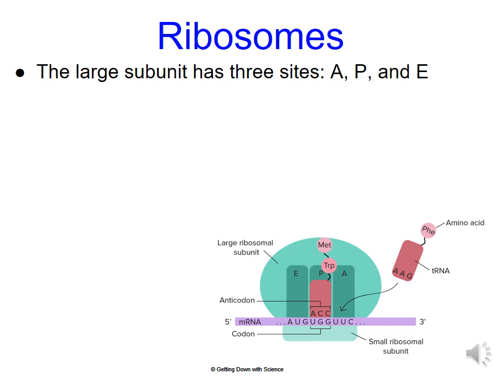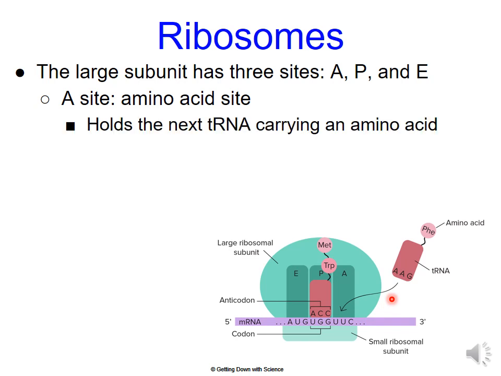The large subunit is going to have 3 specific sites within it. You notice we have an A, we have a P, and we have an E. So the A site is what we call the amino acid site. Okay. And it's going to hold the next tRNA that's coming in. So this new one is going to come land in the A site.